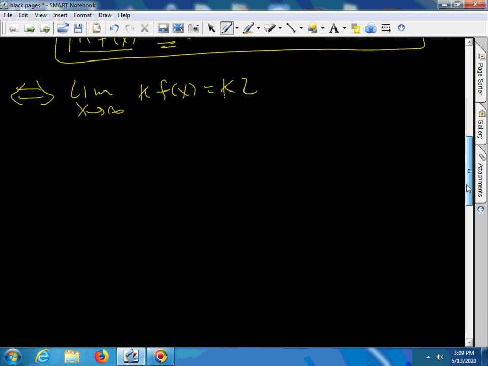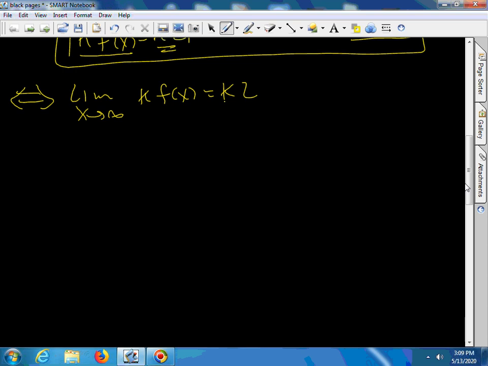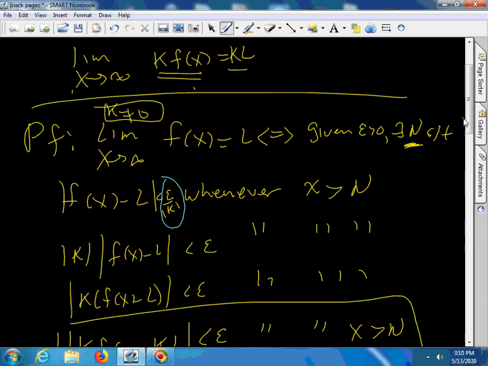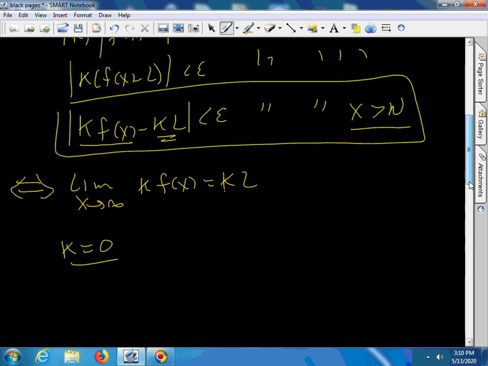Well, what if k is 0? For the first case, k is not 0. Now, the second case, assume k is 0.